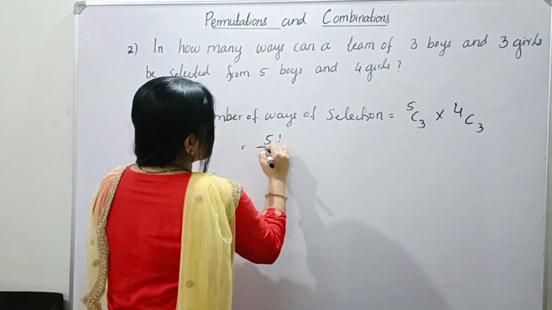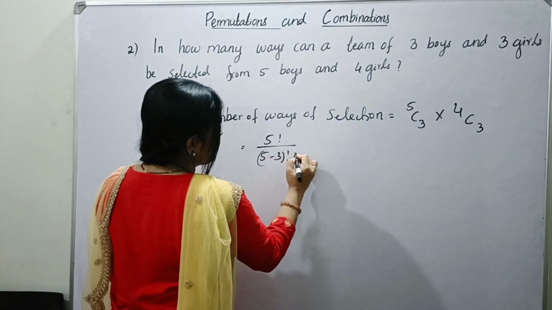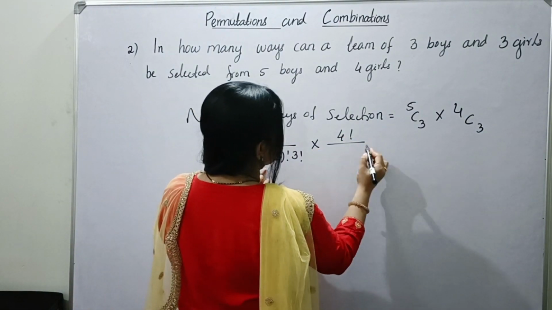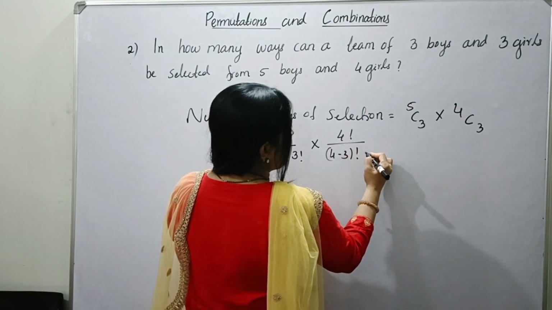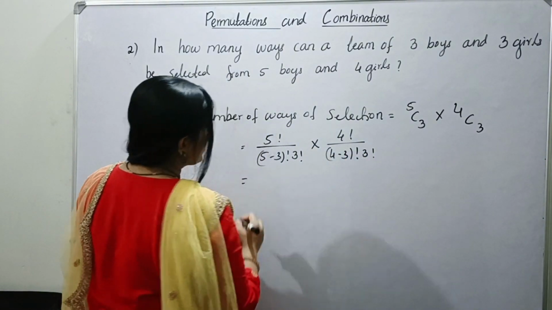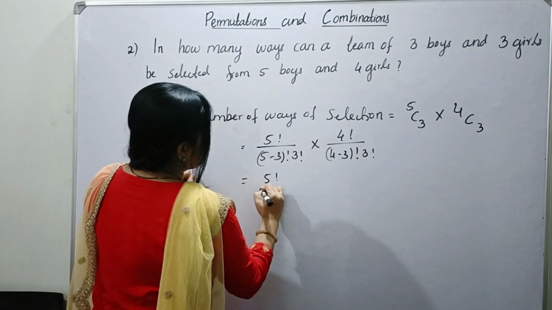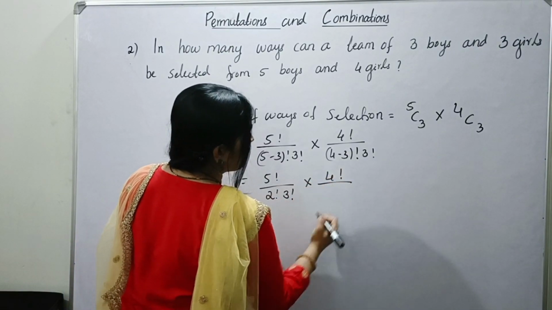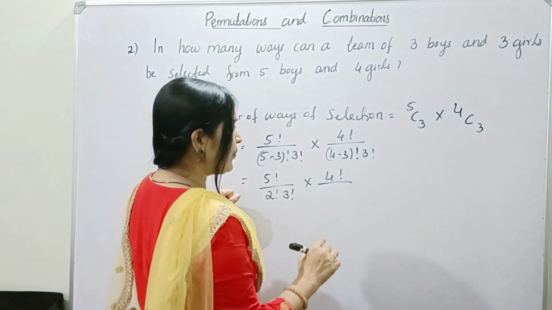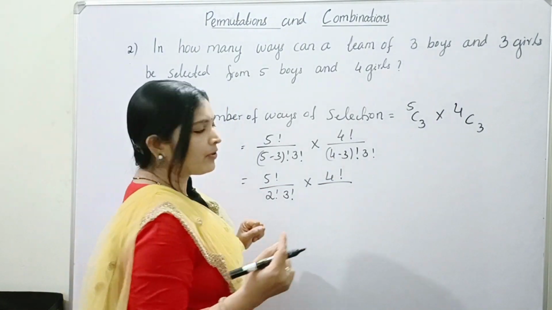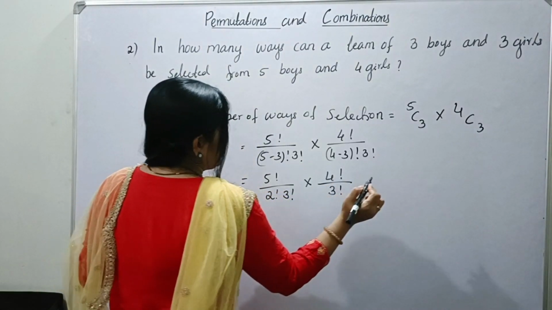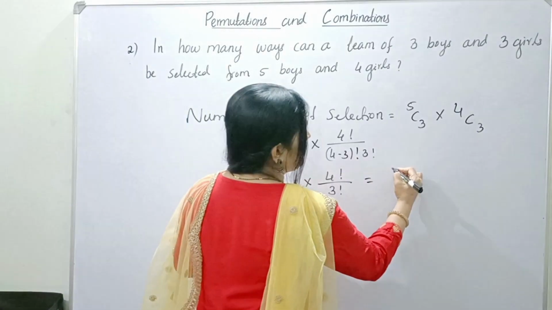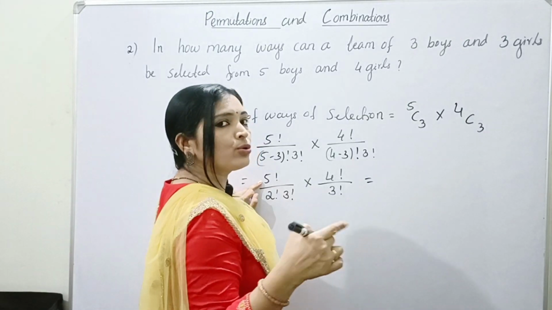5C3 is nothing but 5 factorial divided by 5 minus 3 factorial into 3 factorial, into 4 factorial divided by 4 minus 3 factorial into 3 factorial. So here 5 factorial divided by 2 factorial into 3 factorial, into 4 factorial divided by 1 factorial, and 1 factorial is nothing but 1 itself. So again we can cancel 3 factorial, because 5 factorial is nothing but 5 into 4 into 3 factorial.